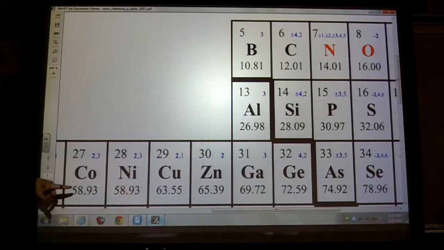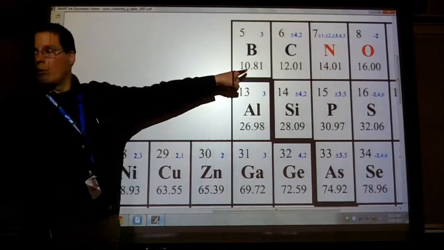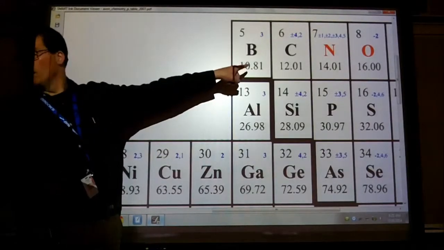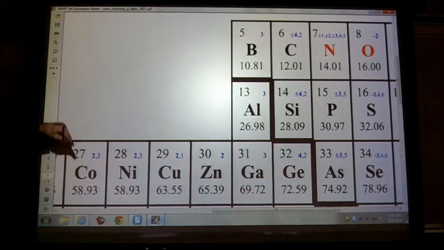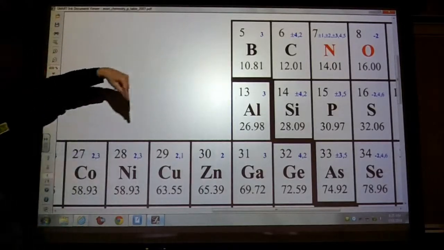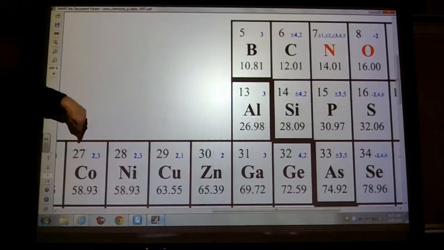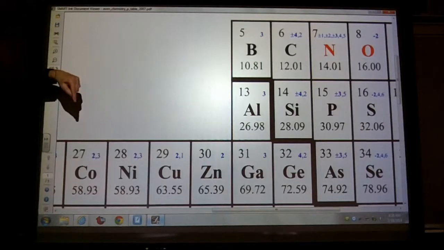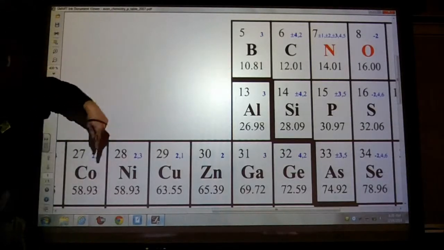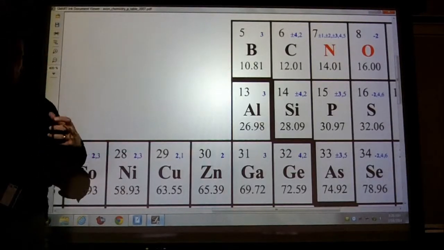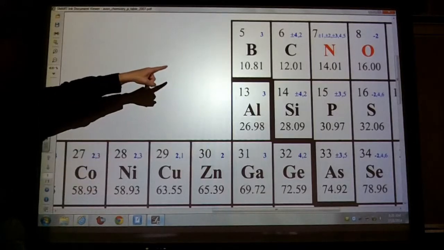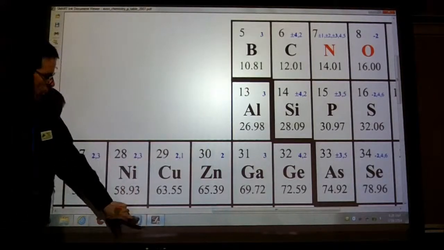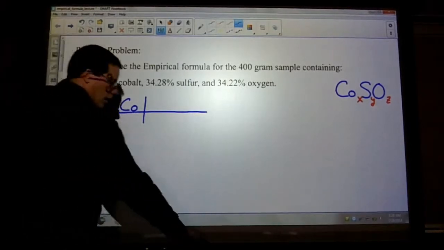So even though cobalt has a molar mass of 58.93 and say boron has a molar mass of 10.81 grams per mole, if I have 6.02 times 10 to the 23, I have the same number of particles, except the masses are a little bit different. So we always want to go to moles in this case.